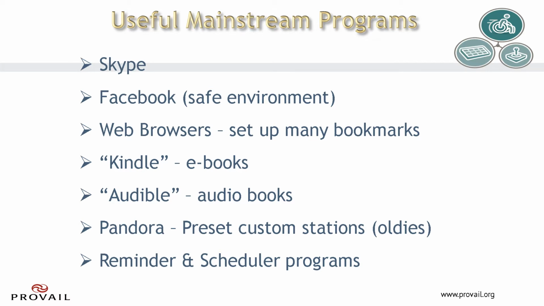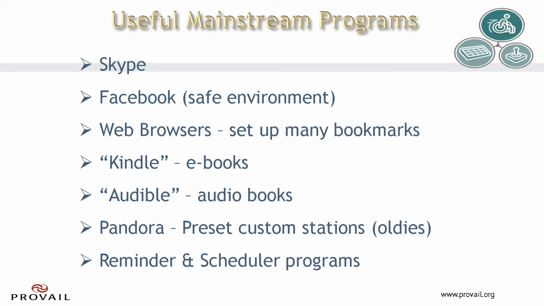Skype allows the user to connect with others through video calls, as well as texting. Facebook provides a safe environment for connecting with people that the user defines. Web browsers allow for setup of bookmarks that go directly to the content that the user wishes to access on the Internet.